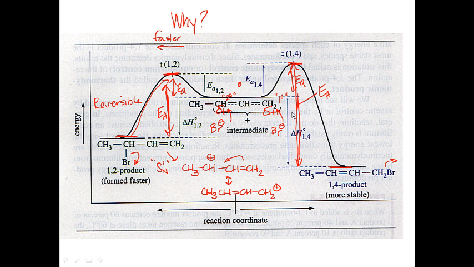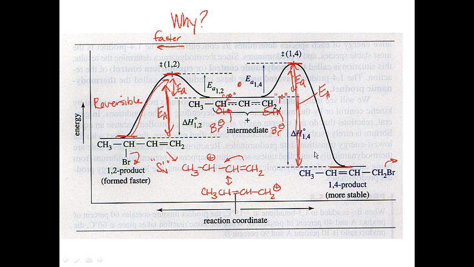So if I have lots of temperature, lots of thermal energy, long reaction time, initially I'll form a lot of 1,2 product. But then as I reverse and I end up over into the 1,4 sink, I'll end up just accumulating product here, and particularly if I tune the reaction conditions so that I can get over all these other barriers but this one, then I'll end up with a majority of the 1,4 product.